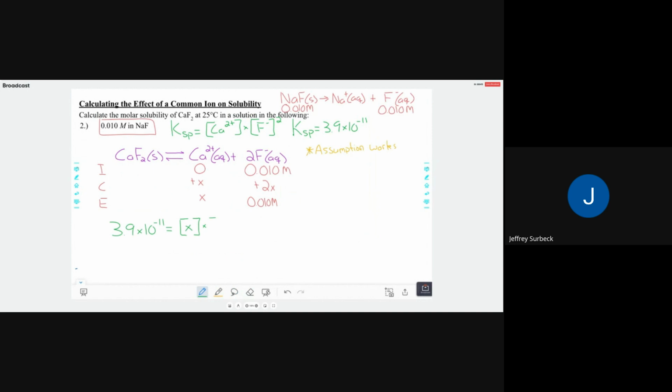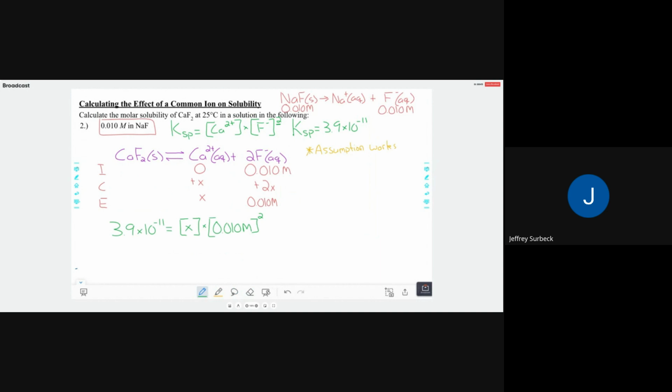But we have to do one really important thing that we cannot forget, and that is to square this, because that's exactly what our particular solubility expression says to do. Now when we square this, it's going to affect our value and ultimately affect our solubility.